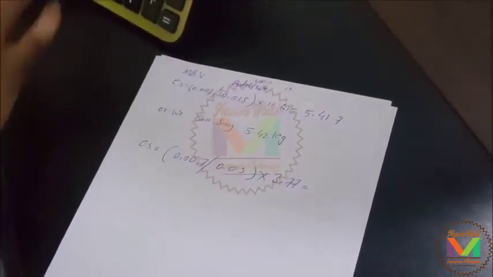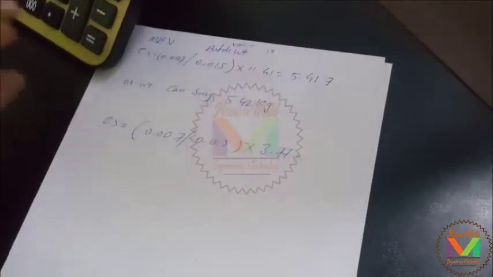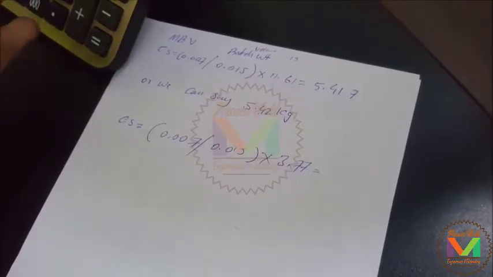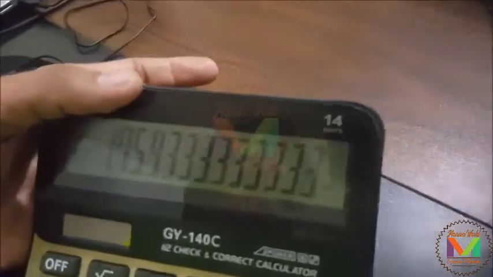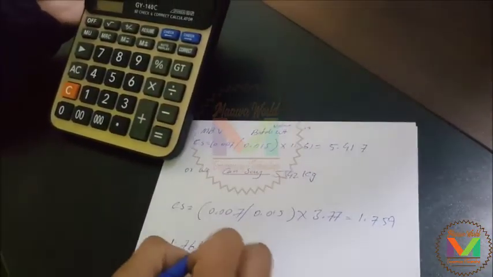I'm going to use the calculator and clarify it now. 0.007 divided by 0.015 multiplied with 3.77 is 1.759, or if you round it, about 1.76 kg.